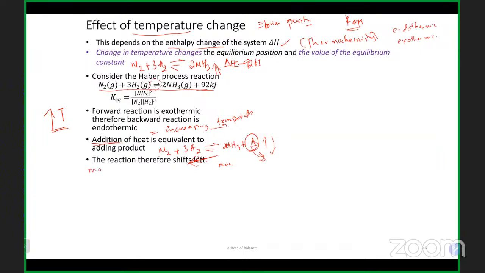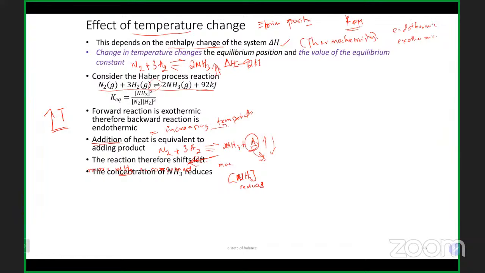So if more NH3 is consumed, the concentration of NH3 reduces.